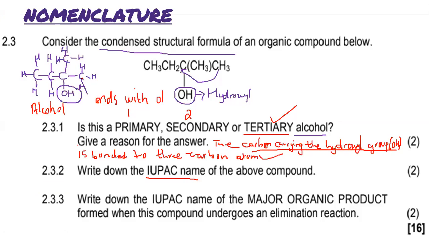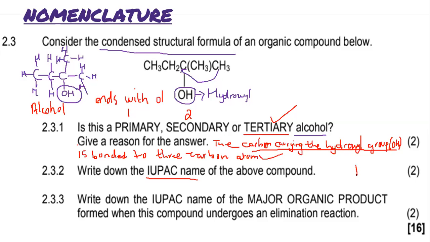If you go this way, it's 1, 2, 3, 4 carbons. If you go this way, it's 1, 2, 3, 4 carbons. If you go this way, it's 1, 2, 3 carbons. If you go this way, it's 1, 2, 3 carbons. So the longest chain of carbons without breaking is definitely 4 carbons.